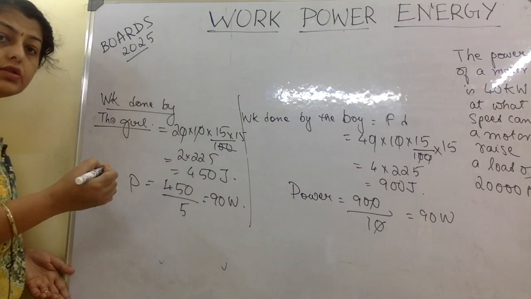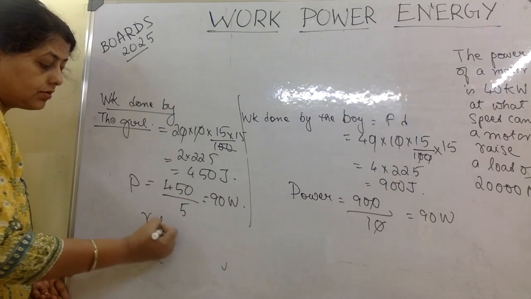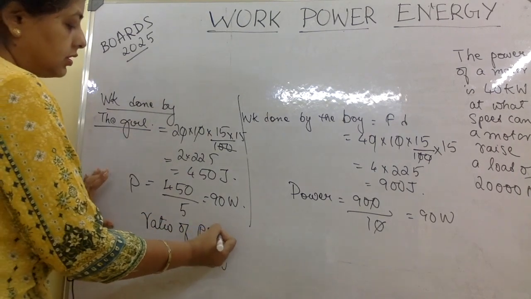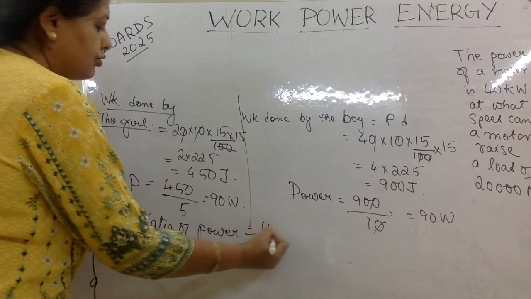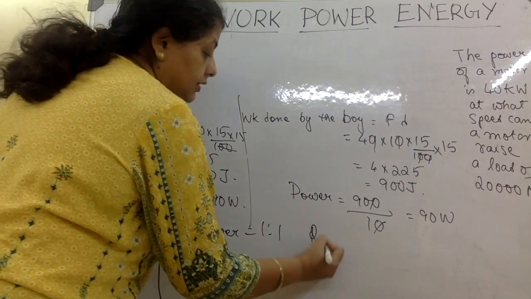So the ratio of power comes to 1:1. You can do it and show. Now the ratio of work.